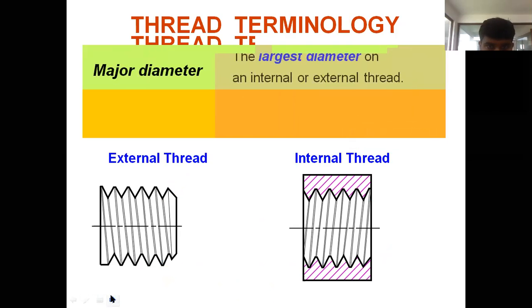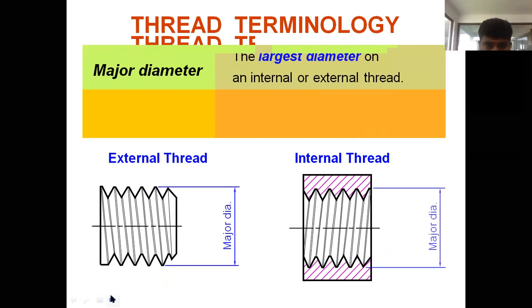So major diameter. What is major diameter? Major diameter is the largest diameter seen on the internal or external thread. So major means largest. So larger diameter on internal or external threads.